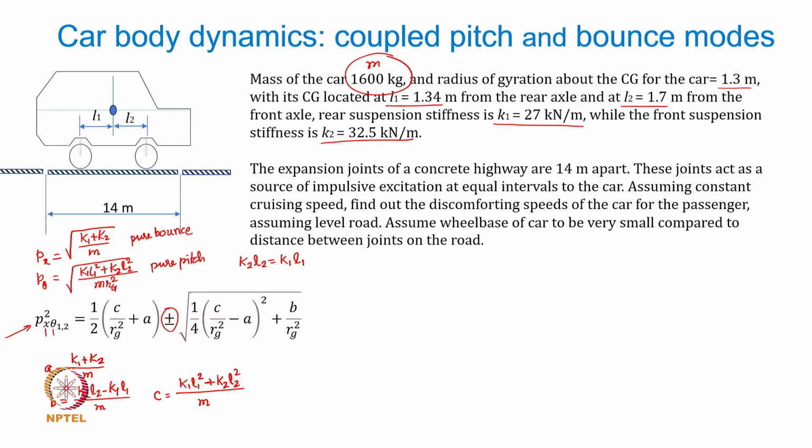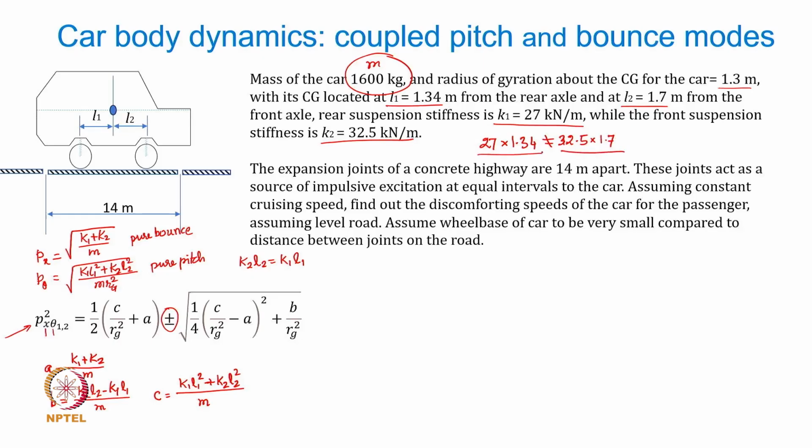So if you substitute these values, of course you can show that 27 times 1.34 is not going to be equal to 32.5 times 1.7. You can check this, it is definitely a larger value than this one.